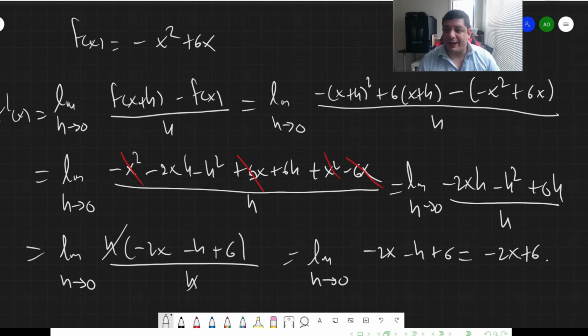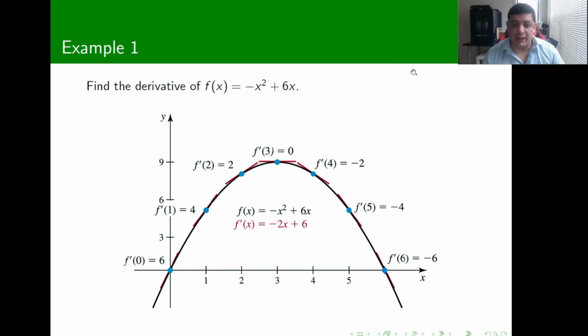So now let's go back and check how this is going to behave. Notice that this function that we drew is a parabola, minus x squared plus 6x. But when we obtain the derivative, we get the function f prime, minus 2x plus 6.